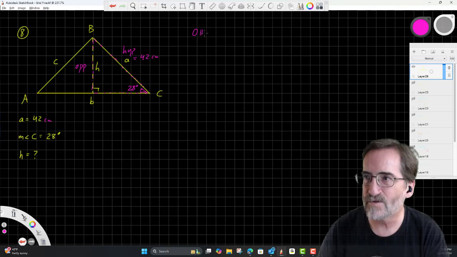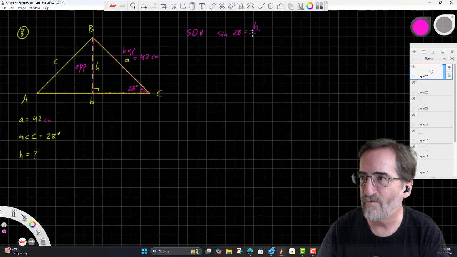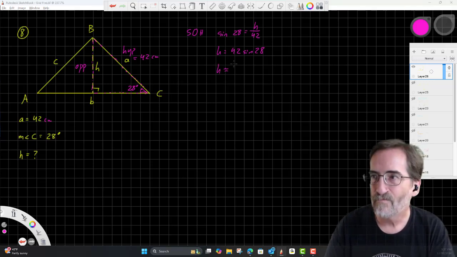Opposite and hypotenuse is SOHCAHTOA, so sine of 28 degrees is opposite h over hypotenuse 42. Multiply both sides by 42, and h is 42 sine 28. So h is approximately 42 sine 28.